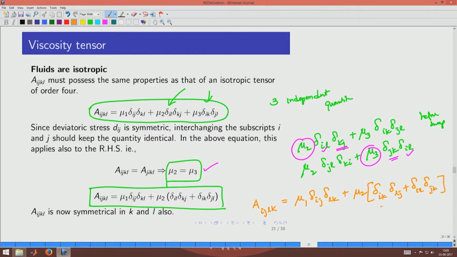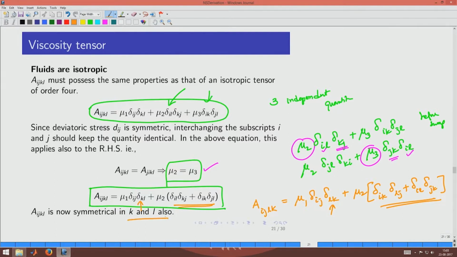Now, you see that this expression and this expression are actually one and the same, it is just that the terms are swapped. Okay. So, ikjl is coming second here, it is coming first here, and ilkj is coming first here, it is coming second here. So, the constants are the same, and these are also the same because the Kronecker delta is also symmetric over the indices k and l, which means that the right hand side does not change when you swap the indices k and l. So, the left hand side also should not change, which means that A is also symmetrical in the indices k and l.